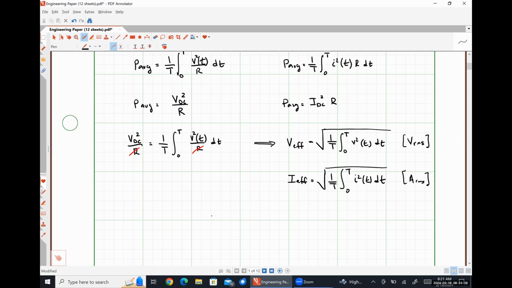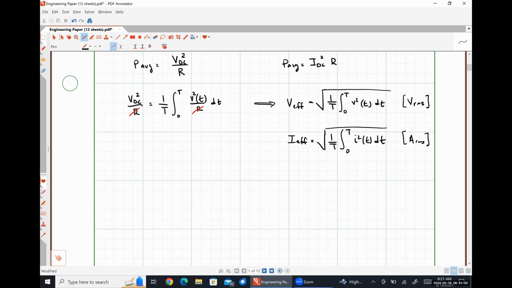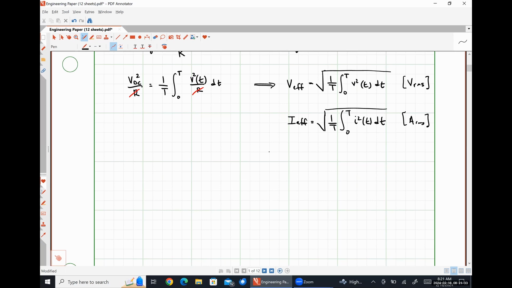Because that's what we're principally interested in. So let's say that I have a voltage of the form Vm cosine omega t plus some phase angle theta v. What is the effective value of this voltage waveform going to be, right?